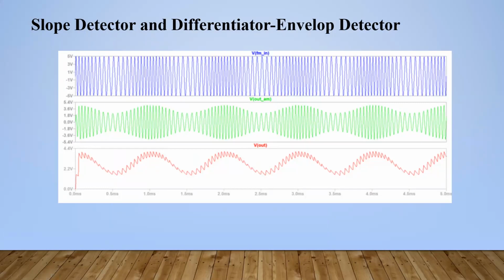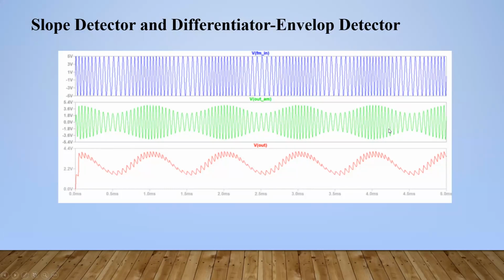So here in your lab sheets, we have to learn about a few demodulation techniques. One is the slope detector and envelope detector. We can give the frequency modulated wave here, and using a slope detector we can have a waveform like this.